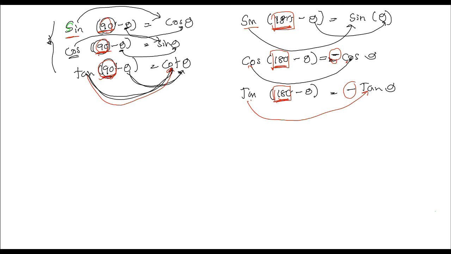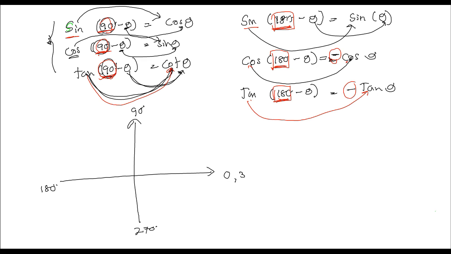Now to explain it in further detail, let me go into the quadrants. I suppose you are familiar with the quadrants. Starting from 0 angle, you go to 90 degrees, then 180 degrees, then 270 degrees, then you come back to 360 degrees. So 0 or 360 doesn't matter, you are at the same point.